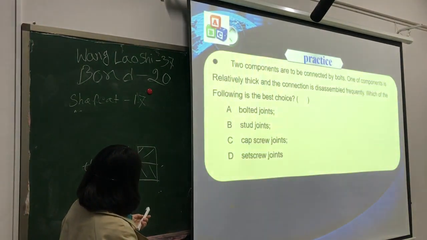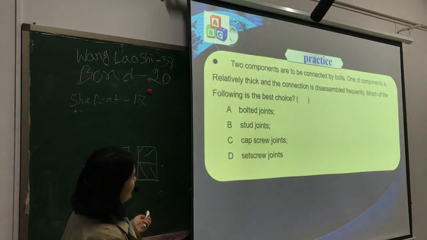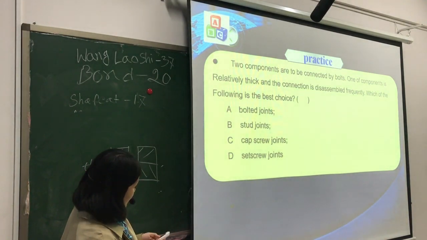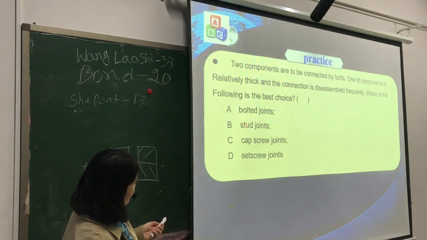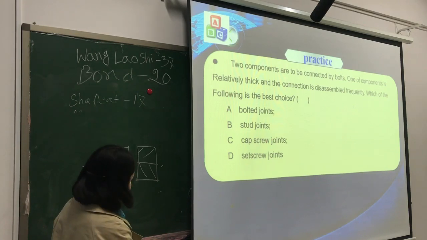And this is to connect thin members, and for thick members we can use a stud joint or screw joint.